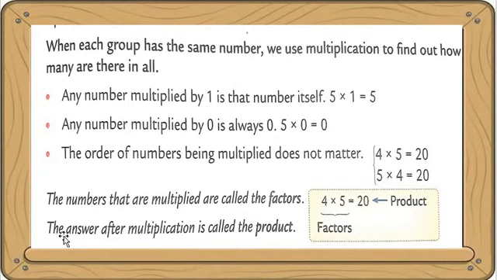Now, the answer after a multiplication is called the product. As I said, whatever comes after the equal sign we call the product. Now see this example of a factor and a product. 4 and 5 are before the equal sign, so we call them the factors, and after the equal sign is 20.